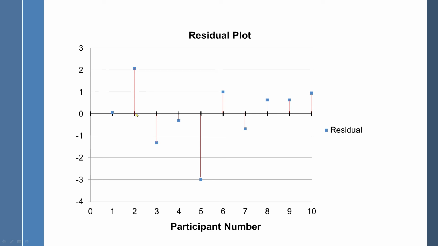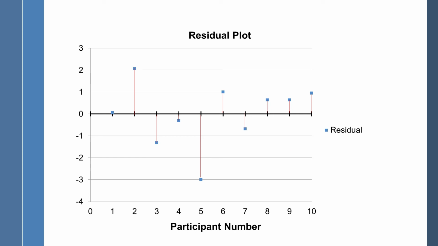The point here is that if you have a strong correlation, these errors will be small. And you can see this one is almost perfect, this one is very small, these ones are fairly small, and these are unstandardized residuals. If you have a weak correlation, you'd expect to see a lot more distance between this line and the dots, showing larger residuals.